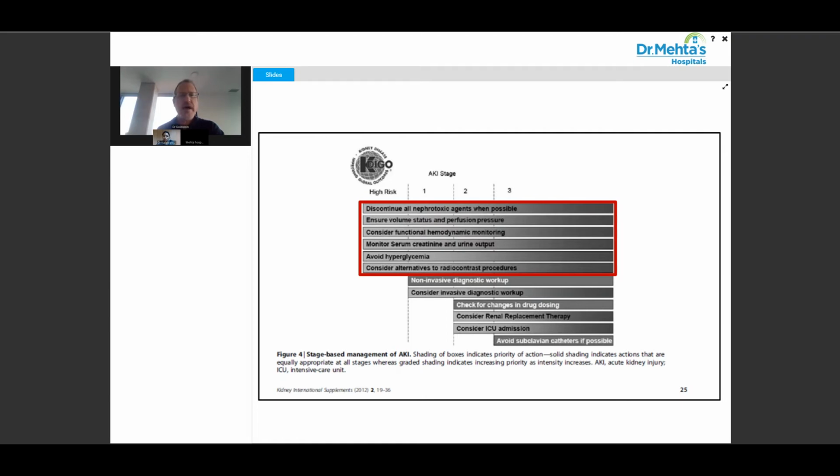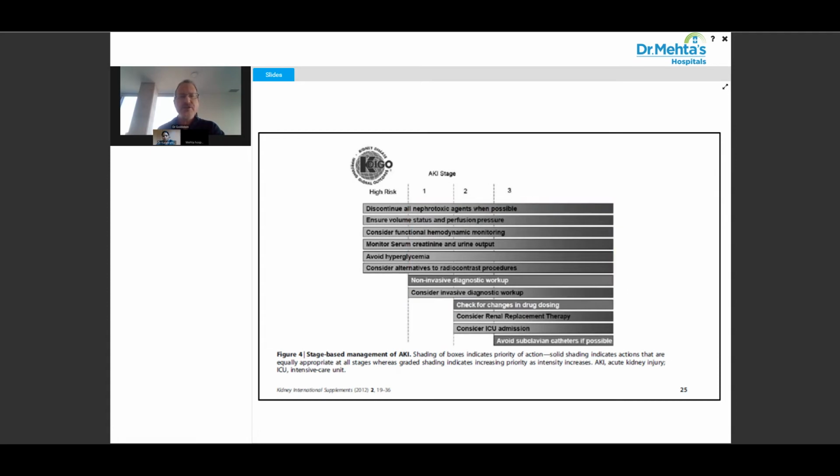In patients who are high risk, ensure normal volume status, discontinue the nephrotoxins when you can, monitor creatinine and urine output, avoid hyperglycemia. And then as we increase the stages, at stage 1 or stage 2, consider diagnostic workup for acute kidney injury.